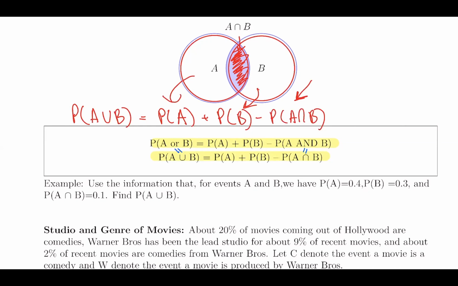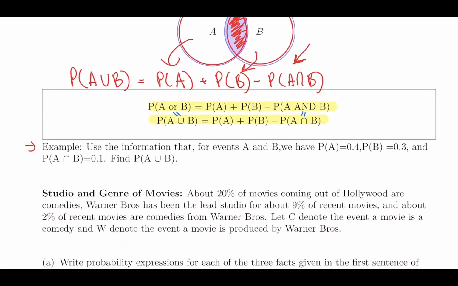We're going to do this first example right here. For this first example, it says use the information that for events A and B, we have probability of A equal to 0.4, probability of B equal to 0.3, and probability of A and B equal to 0.1.